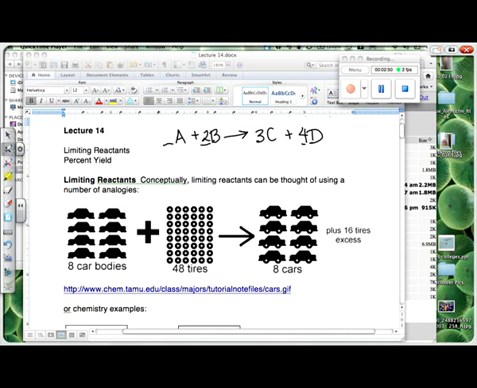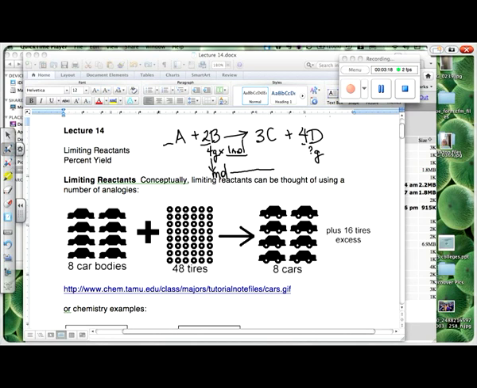So if I were given 4 grams of B to start with, and I want to know how many grams of D I'm going to make, my first step is to get into moles. I am going to use the periodic table to do that using our old mole chart. 4 grams times, I'm going to be dividing by the molar mass from the periodic table, for whatever B is, to get into moles.